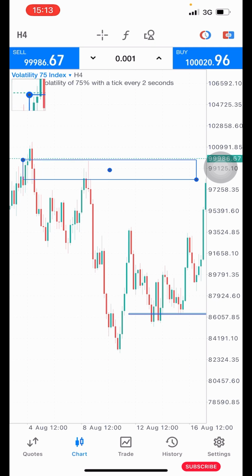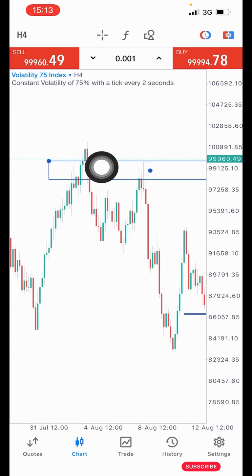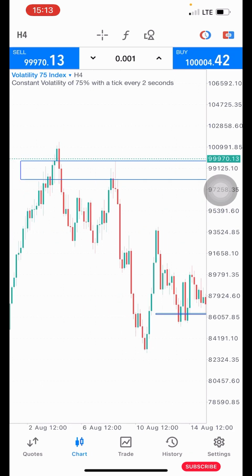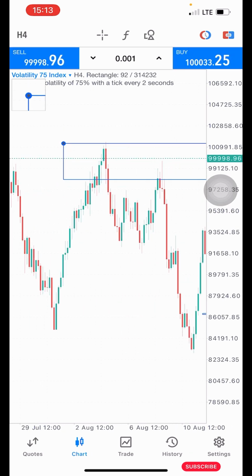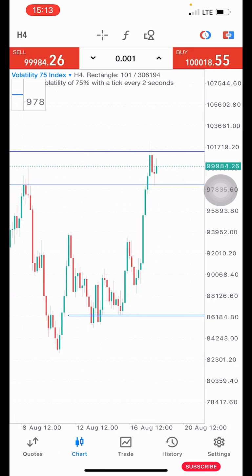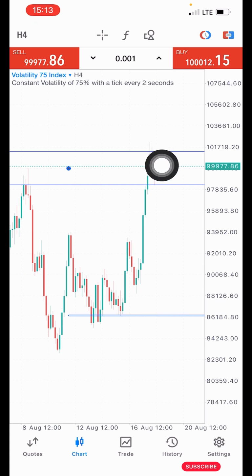You can see this is also part of the resistance zone. The market got rejected, came back again, got rejected. So this is a very promising resistance area, and we need to make use of it. You can also see the price is currently struggling around this area. The price went up and it's kind of rejecting, and it's because of this zone here.